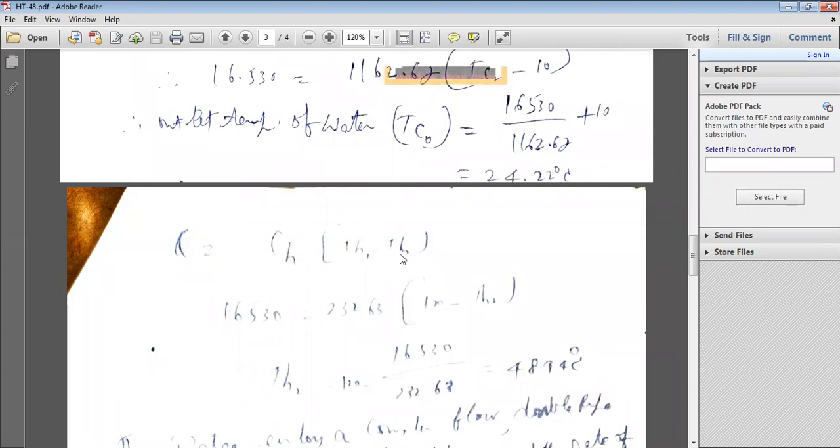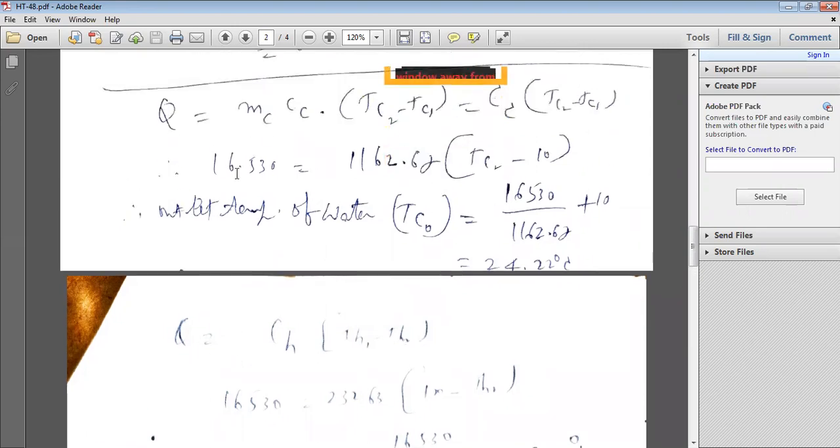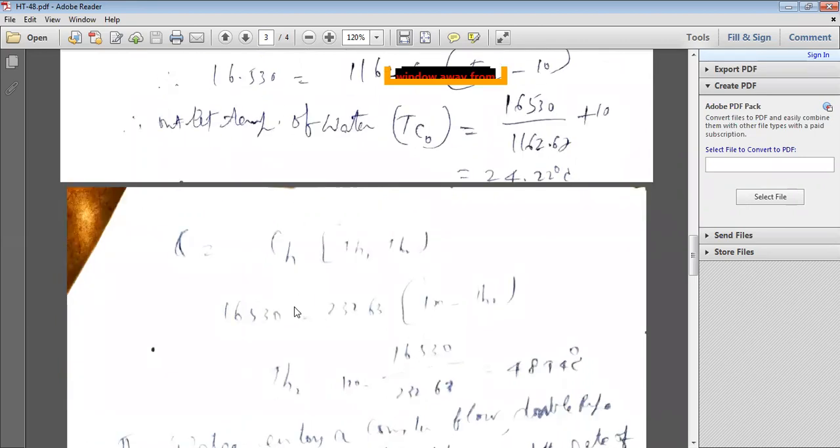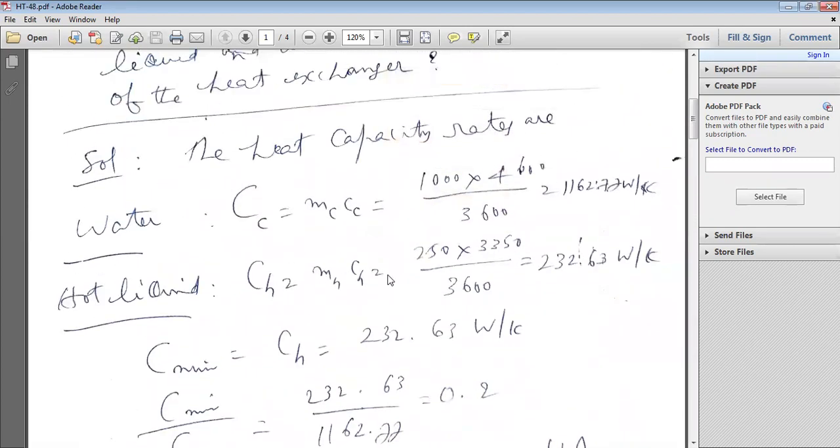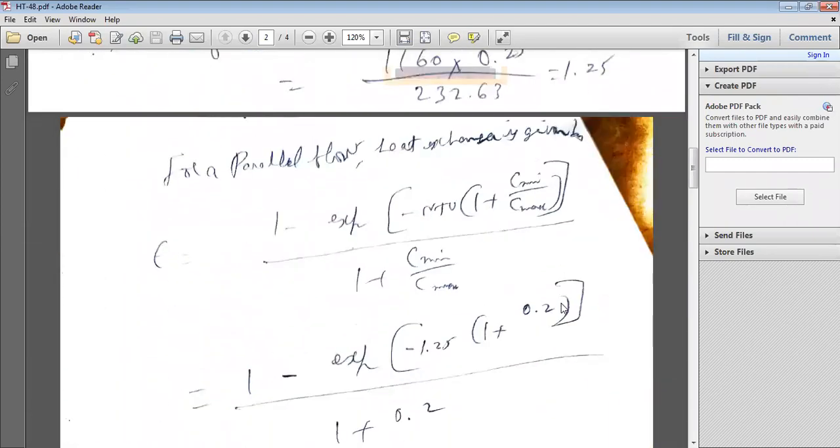The actual heat transfer rate is the same: the heat given by the hot fluid is equal to the heat taken by the cold fluid. So 16,530 is equal to capital CH, the heat capacity of the hot fluid, 232.63.